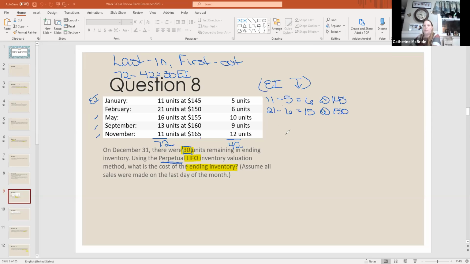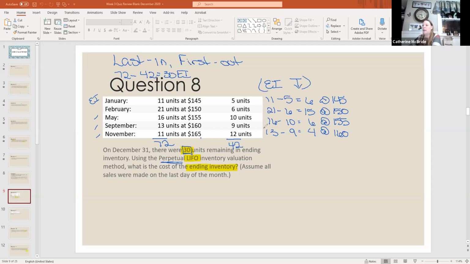And then we had 16 units and we sold 10. So that means we have 6 left at 155. And here we started with 13 units and we sold 9, which means we have 4 left at 160.